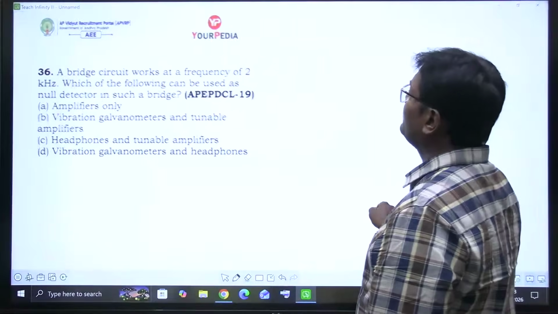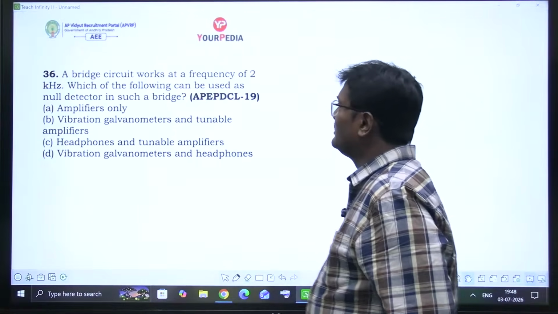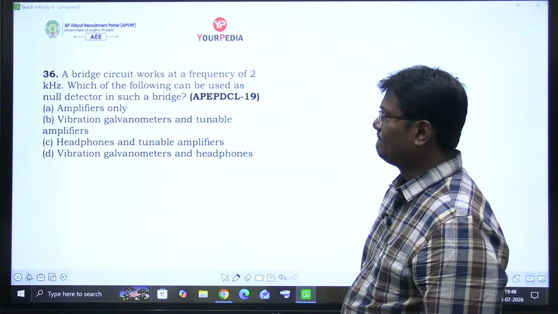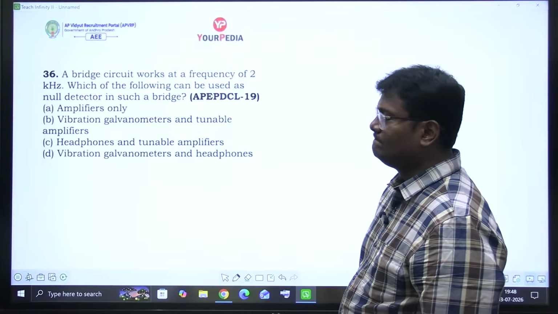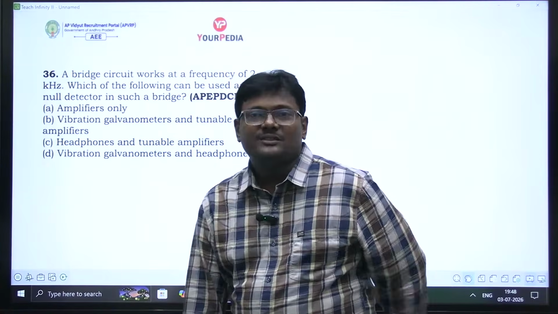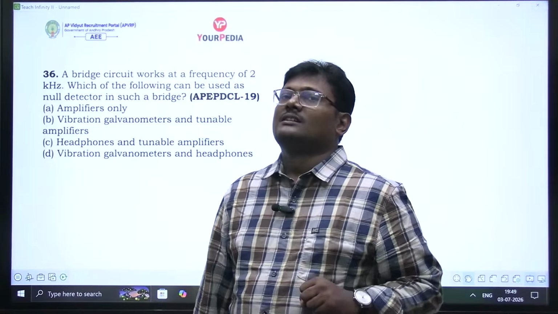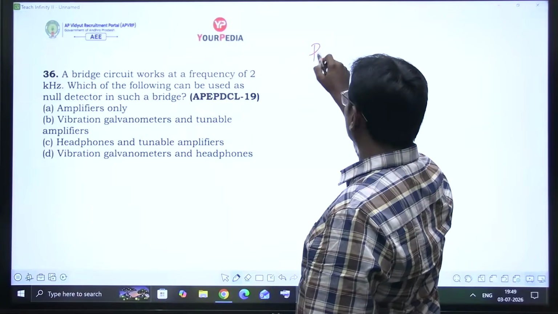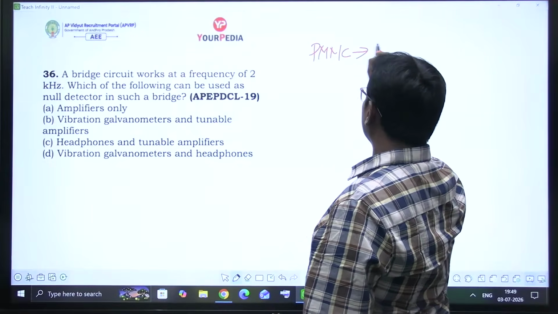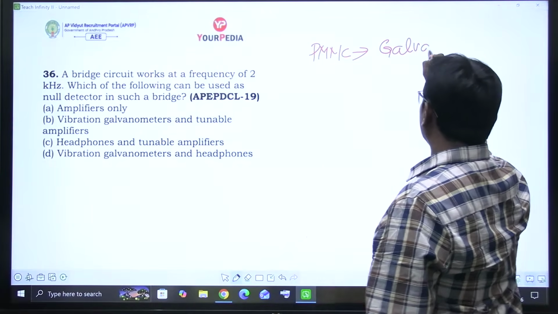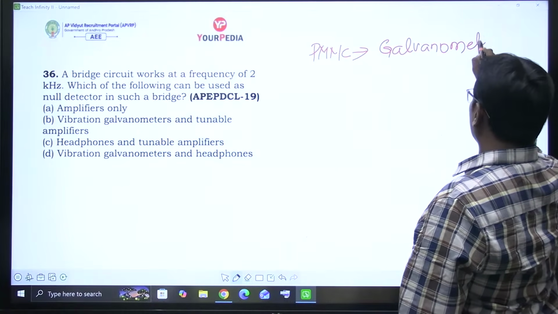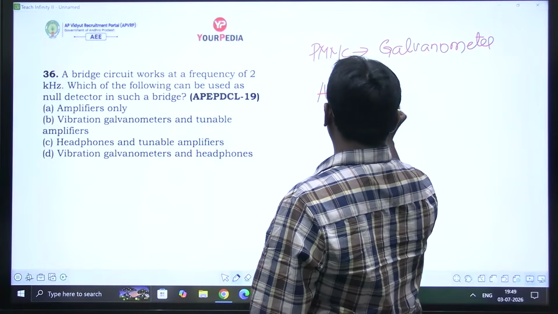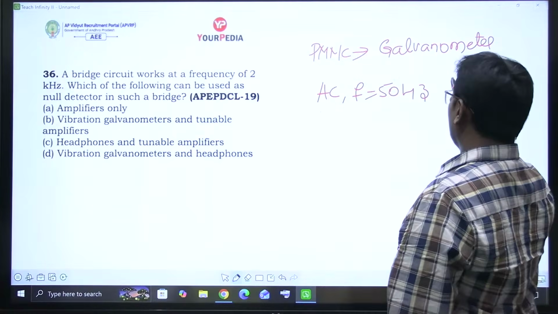A bridge circuit works at a frequency of 2 kHz. Anybody who has observed in the laboratory: for a PMMC instrument, we are using a galvanometer. For AC measurement at our 50 Hz frequency, we can use headphones.